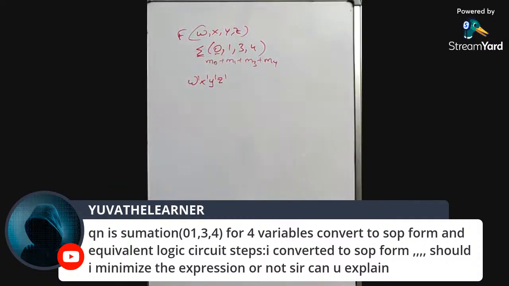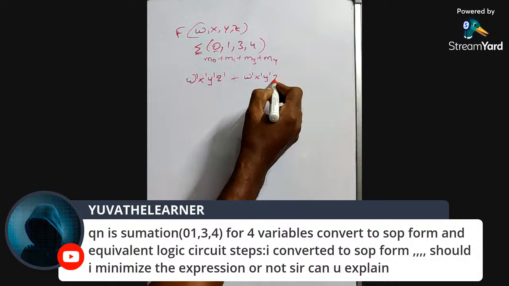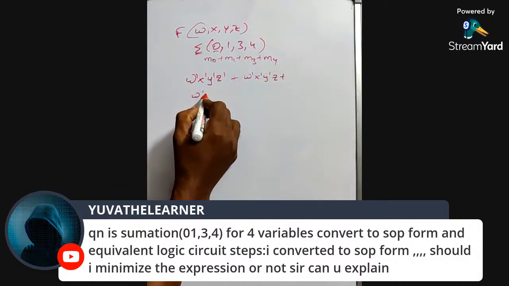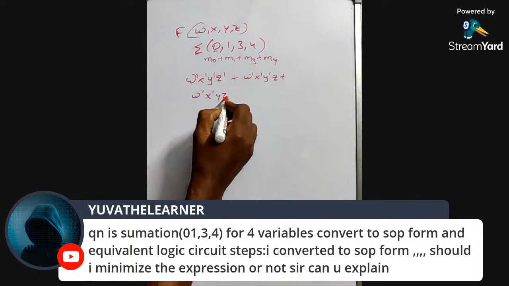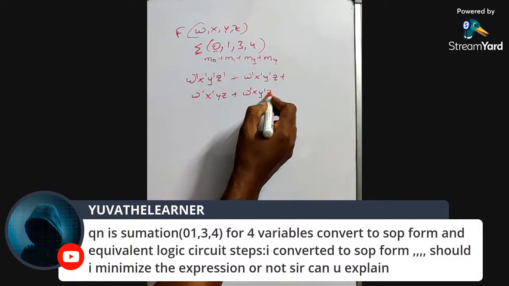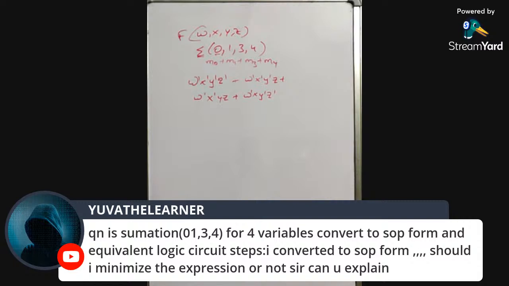So summation is simply given as sigma, and sigma is nothing but SOP. And 1 is W bar, X bar, Y bar, Z. 3 is W bar, X bar, Y, Z. 4 is W bar, X, Y bar, Z bar. If at all it is asked for simplification, then you can go with simplification, or else generally you write in the SOP form like that.